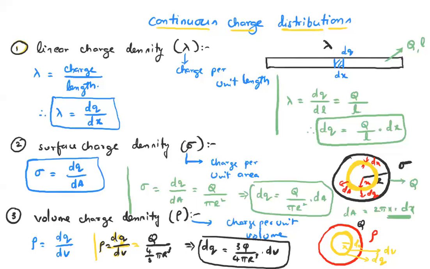Here in this situation, the value of dv is 4 pi x square into dx, the surface area into the thickness of that sphere. This is about the three types of charge distributions, and we will use them in numericals and in derivations also. Please try to remember the definitions and learn them fast.